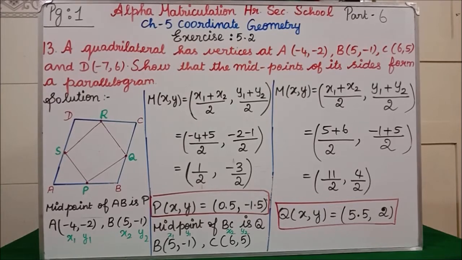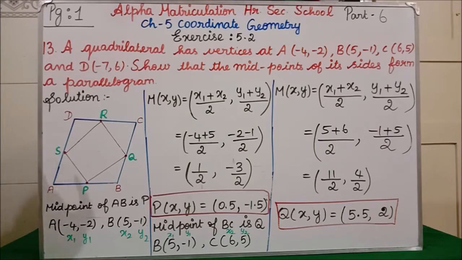See the question: a quadrilateral has vertices at A minus 4 comma minus 2, B 5 comma minus 1, C 6 comma 5 and D minus 7 comma 6. They are asking to show that the midpoints of its sides form a parallelogram.